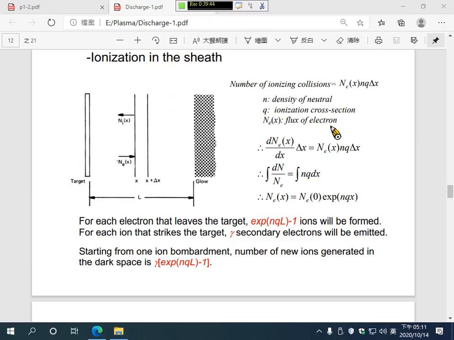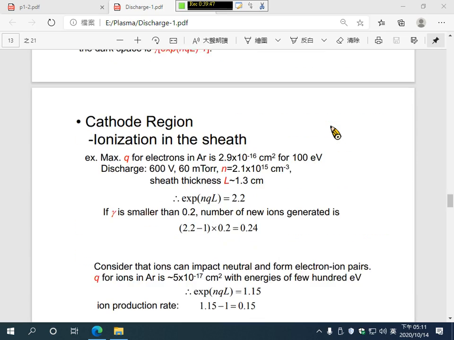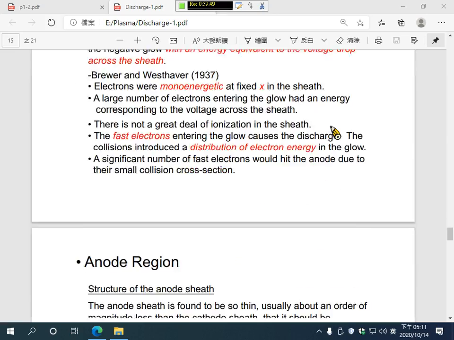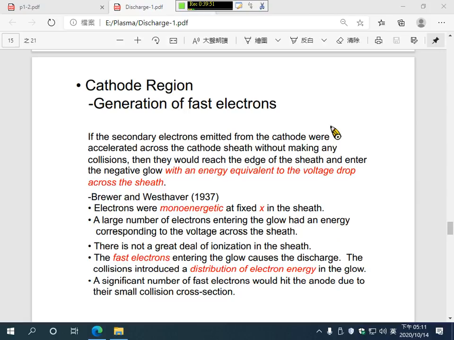Okay, but at a fixed distance from the cathode surface, you can always get monoenergetic electrons, because they are accelerated, so the velocity will increase when they travel for a longer distance. The velocity will become larger, okay.